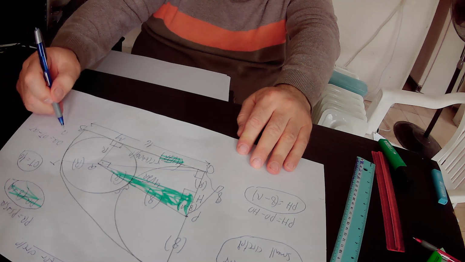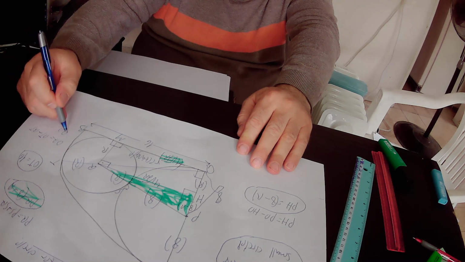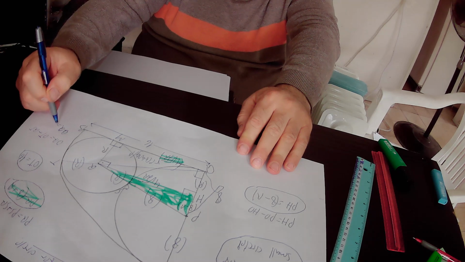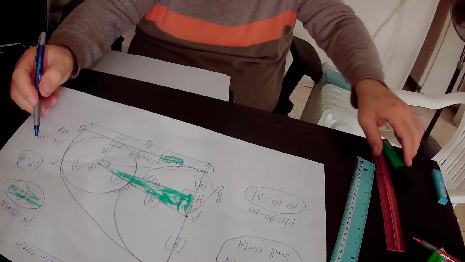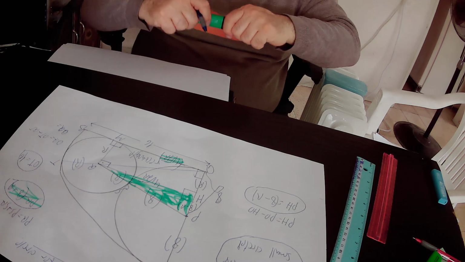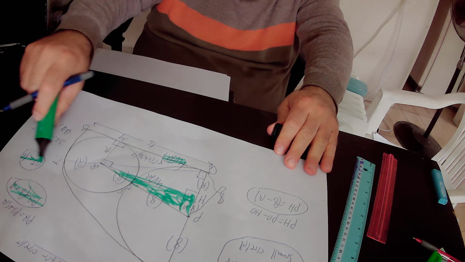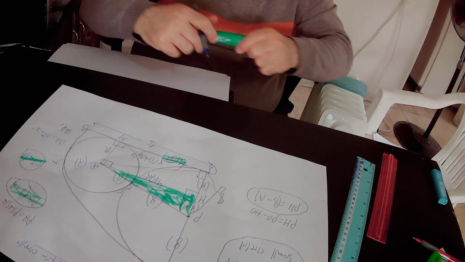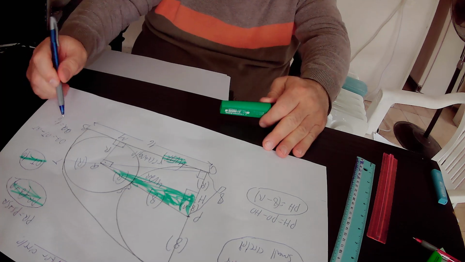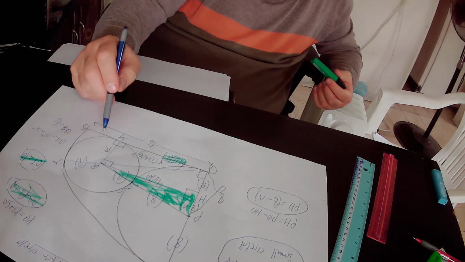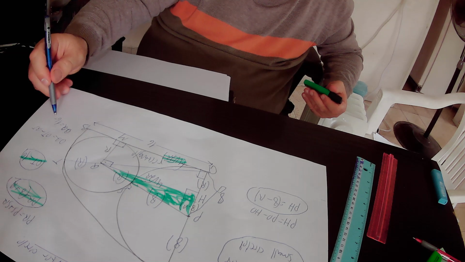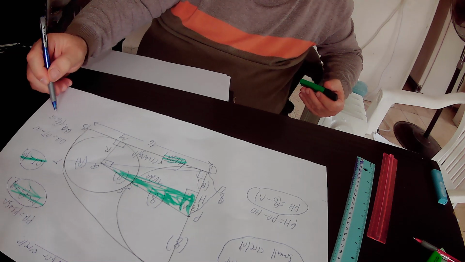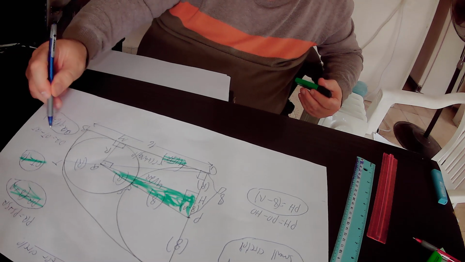So OQ must be equal to OT. OT is 16, the radius of the quarter circle, equal to 16 units in its length, minus QT. QT is the radius of the small circle that is equal to R. So in total we found out that OQ equals 16 minus R units in its length.